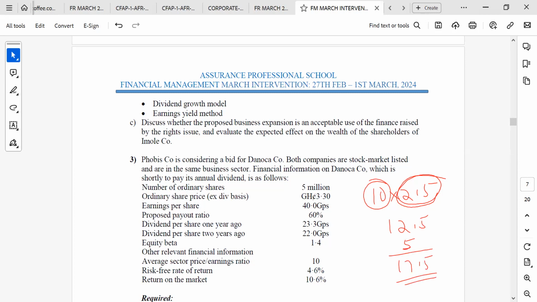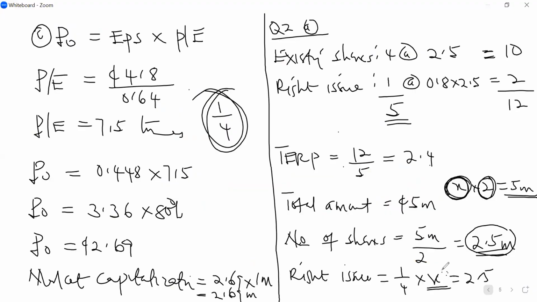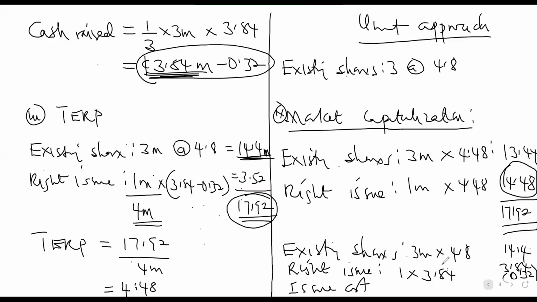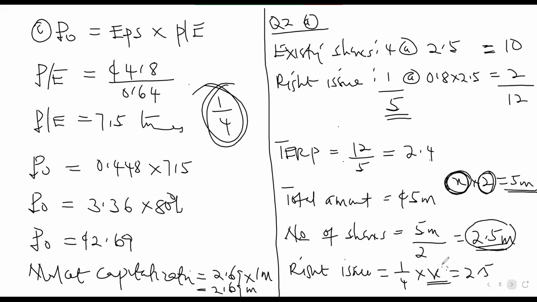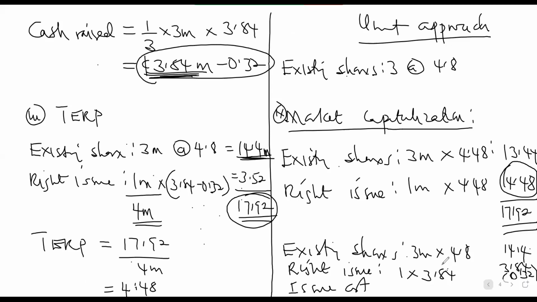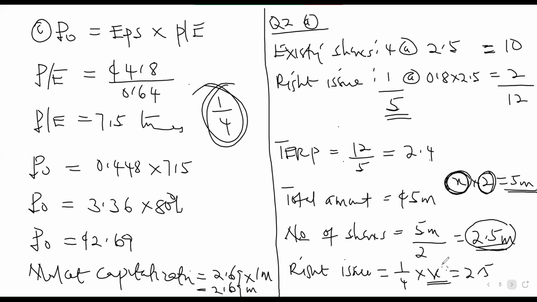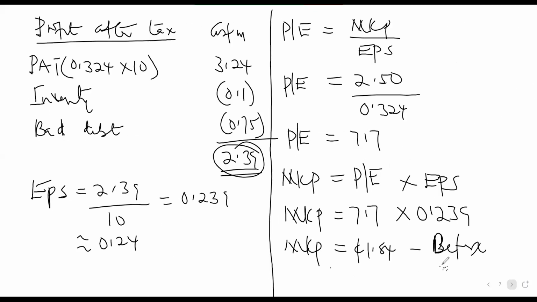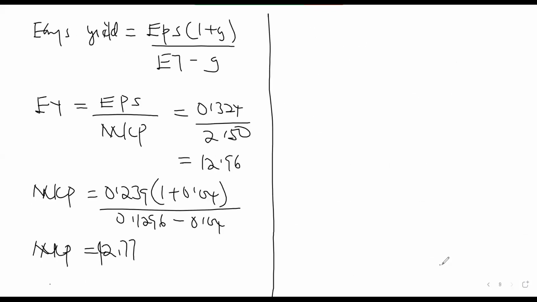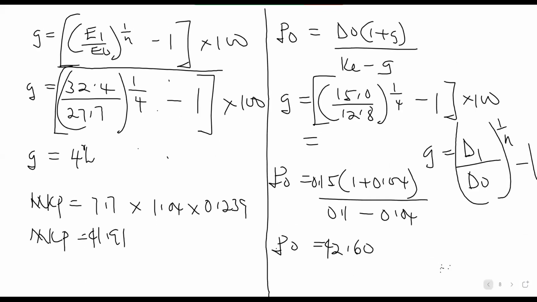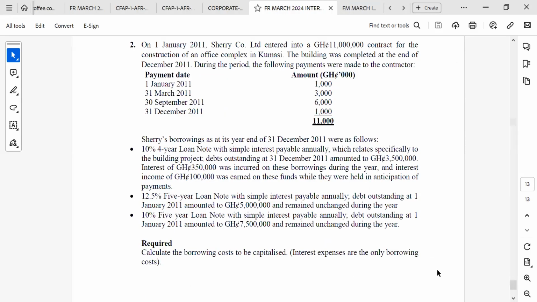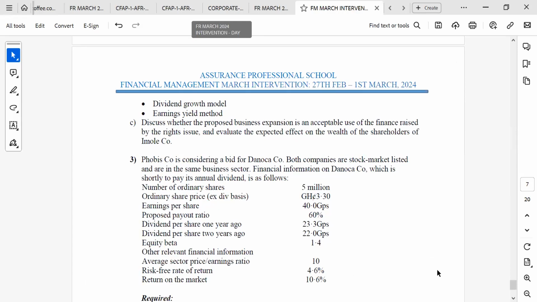Let's now come to this side. What is the theoretical ex-rights price that we have calculated? Is it 10 times 2.5 or 10 plus 2.5? I've written 10 multiplied by 2.5.